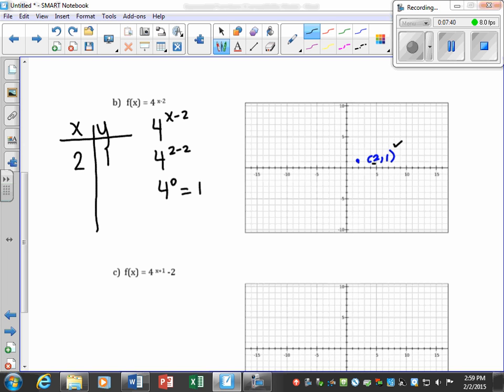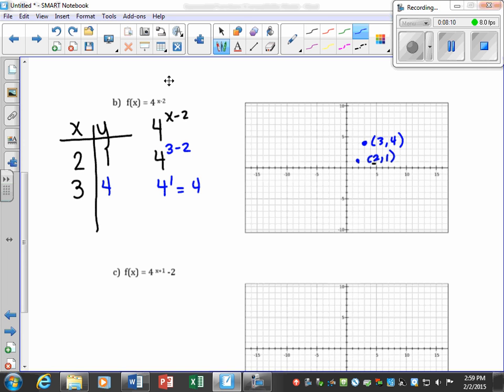And yes, it did verify that our transformation works, but let's go ahead and get a few more points. Let's do when x is equal to 3 this time. I'm going to put the 3 right here. 3 minus 2 is 1, and 4 to the first power is 4, so the ordered pair 3, 4 is on our graph as well.